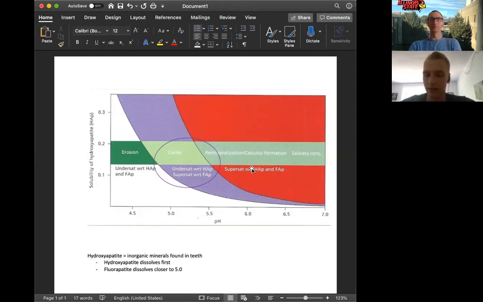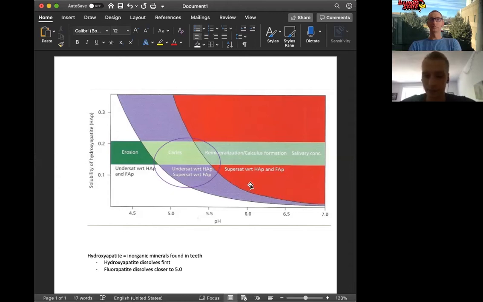And then within your tooth, you have these two chemicals, hydroxyapatite and fluorohydroxyapatite. Fluoro is in fluoride, the fluoride that we have in toothpaste. And hydroxyapatite is soluble at a higher pH.